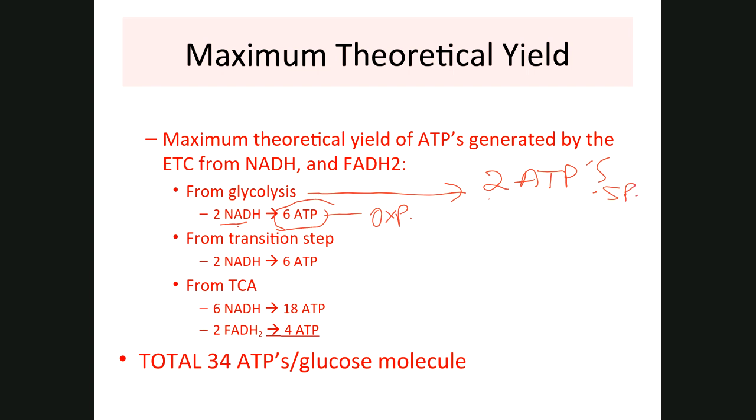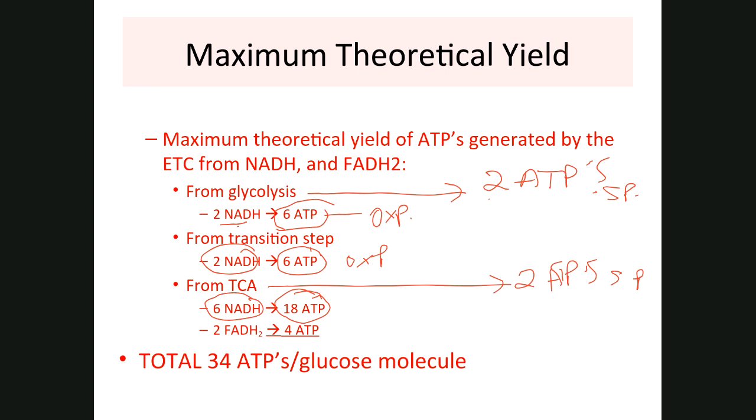The transition step gives us no ATPs, however, it gives us 2 NADHs, from which 6 ATPs are made by oxidative phosphorylation. The tricarboxylic acid cycle gives us 1 ATP, or 2 per glucose molecule, by substrate level phosphorylation. A total of 6 NADHs gives us 18 ATPs, and 2 FADH2 give us 2 each, which means 4 ATPs per glucose molecule.